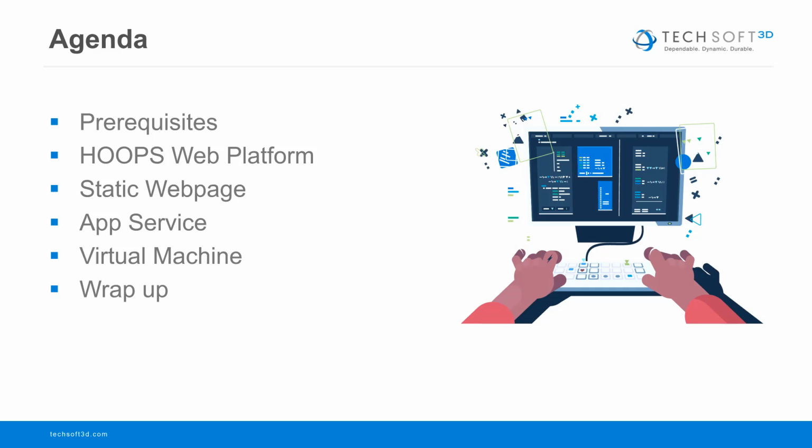So first, just a static web page that is able to visualize 3D content. Then we'll step it up a bit with using the Azure App Service, and that is going to leverage a Node.js server that serves HTML, proxies WebSocket requests, and also allows you a bigger infrastructure to build upon.